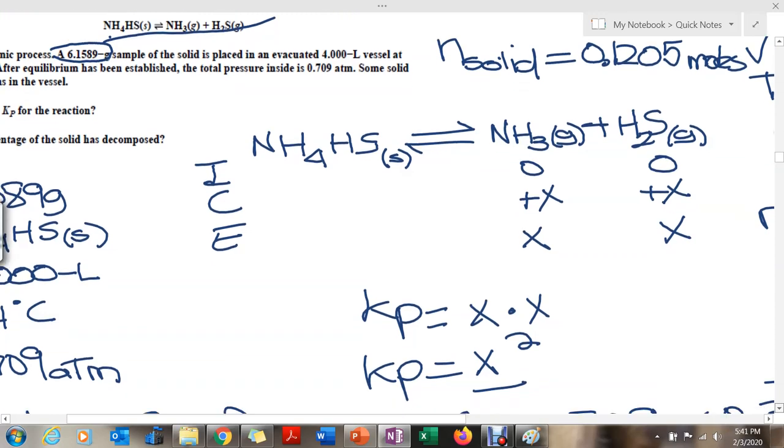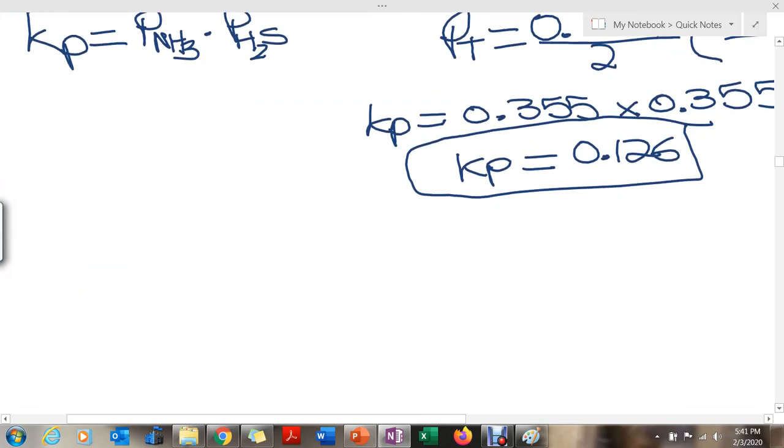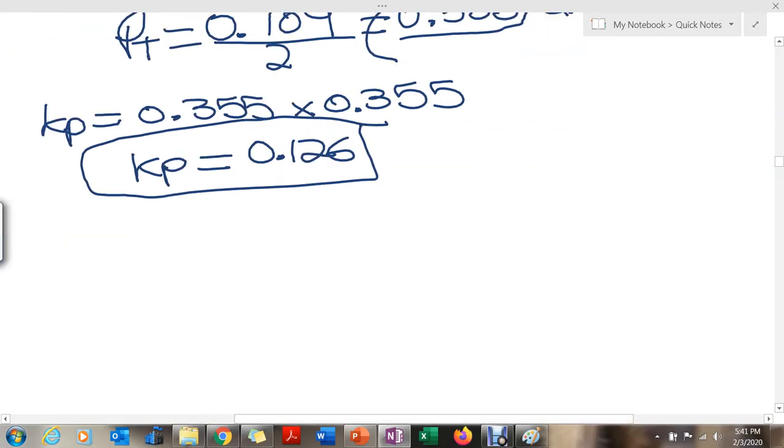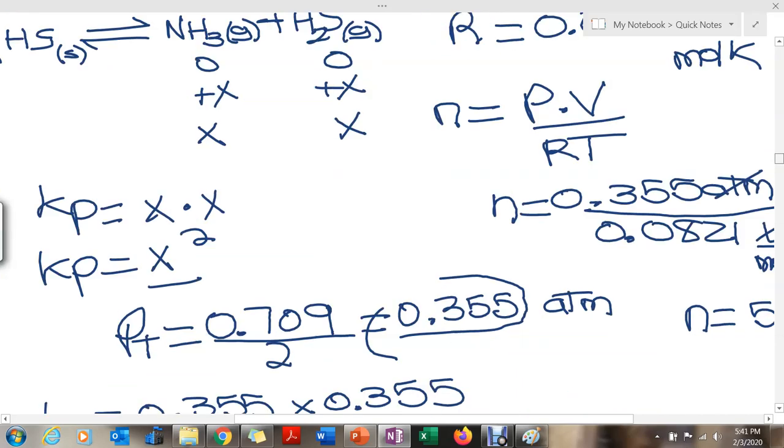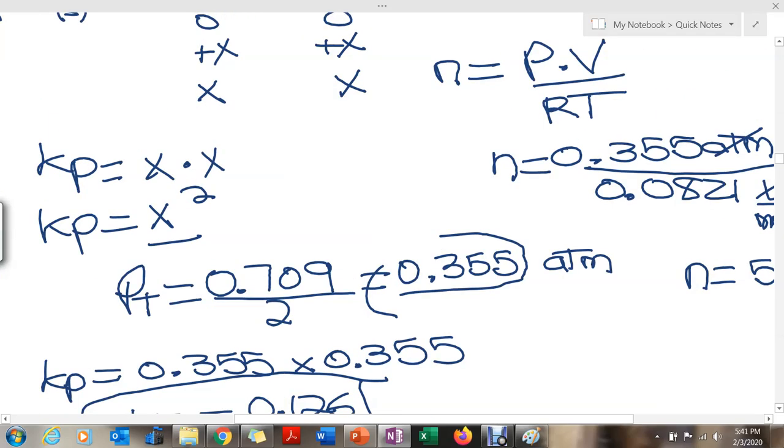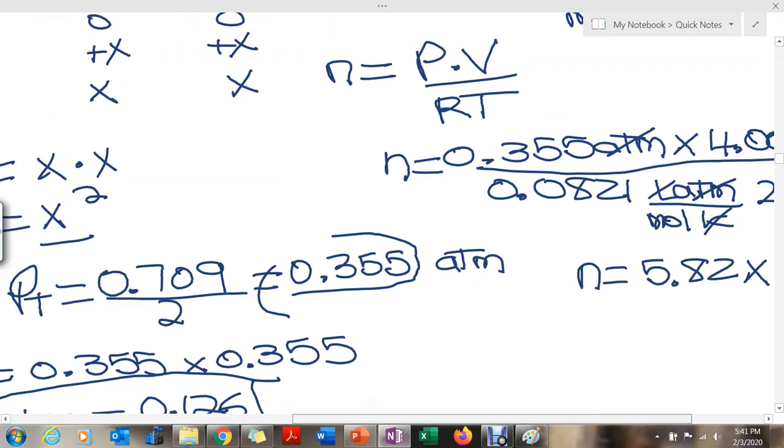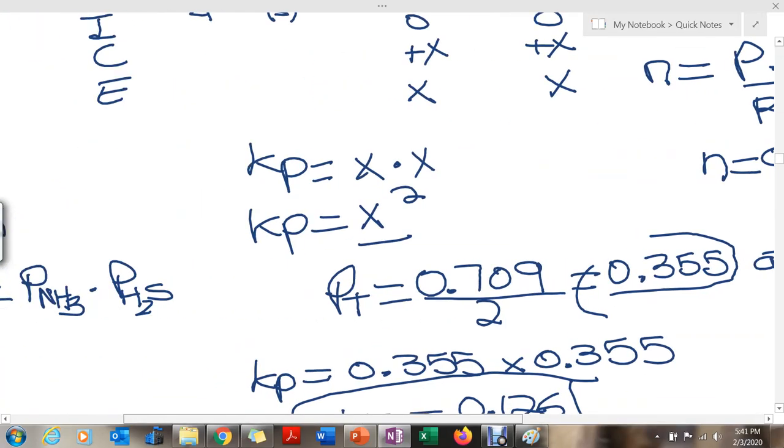So the percentage is going to be the moles that we found out, 5.82 times 10 to the negative 2 moles, the moles we found out for each gas.